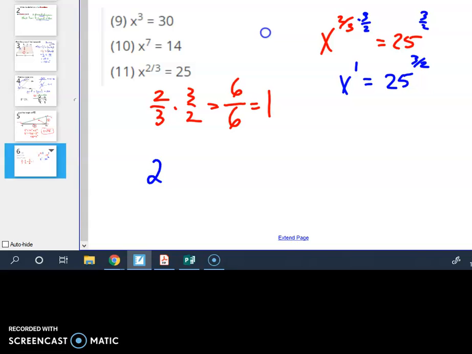So your calculator will look something like this. Make sure you put the 3/2 as a division problem in parentheses. So this one here actually comes out to be a nice number. So 25 raised to the 3/2 exponent is going to be 125.